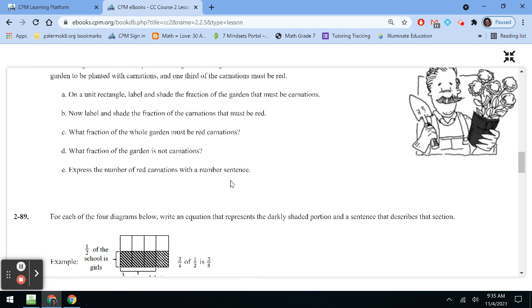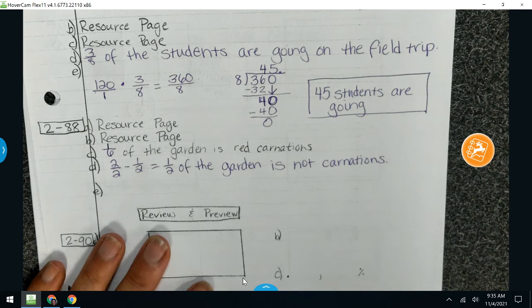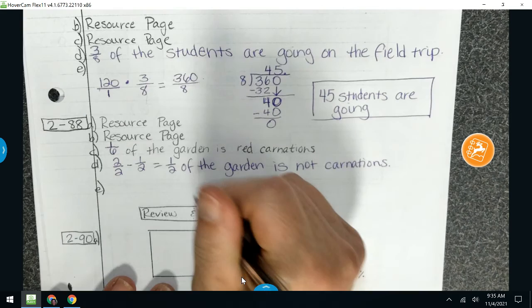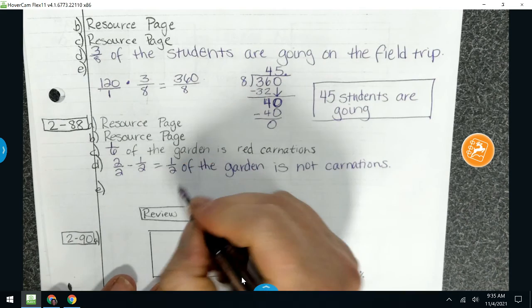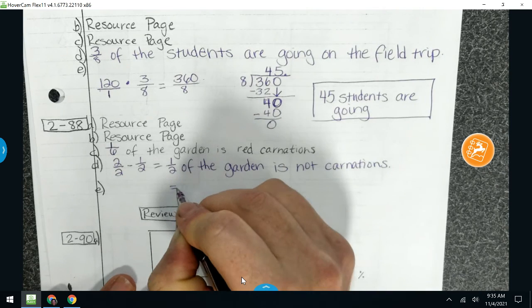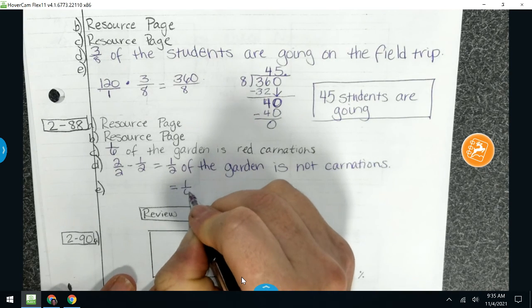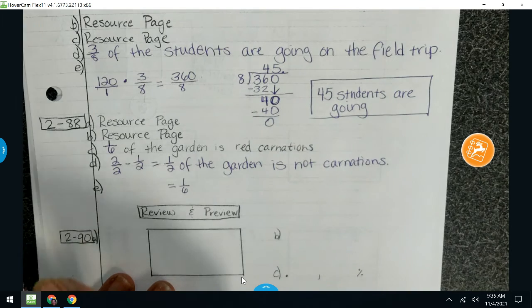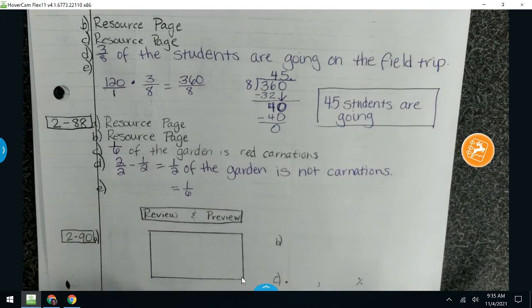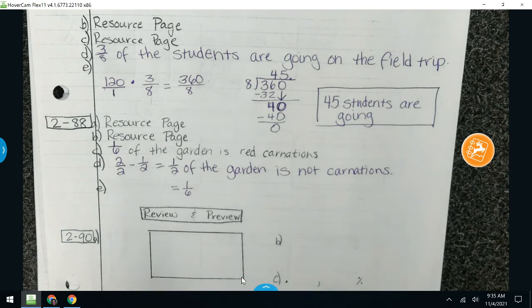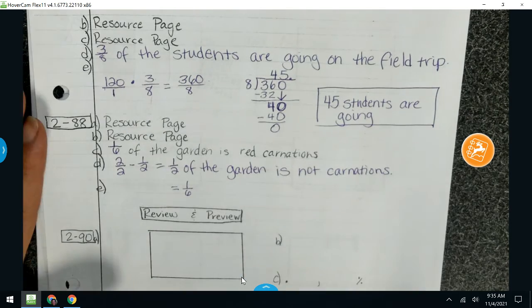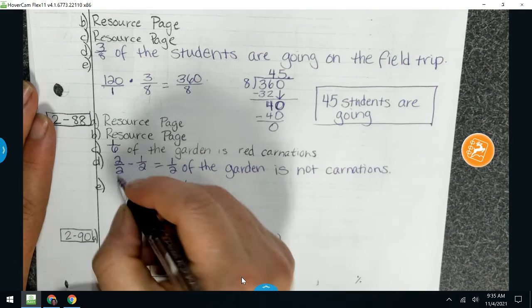So we're writing it as an equation. So we know that our answer that we got, because it's right here, is equal to 1/6. We also know that we originally had 50% of the garden was carnations, which was 1/2.